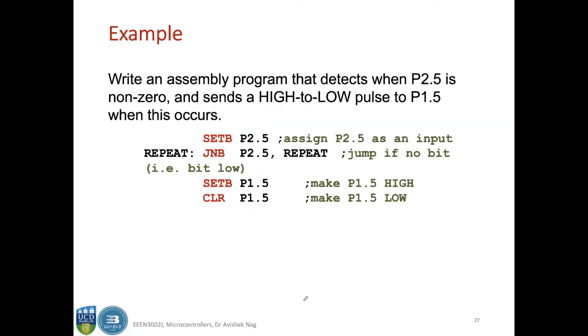You can use operations like SETB and CLR to individually access a bit in one of the ports. For example, write an assembly program that detects when port 2.5 is non-zero and sends a high to low pulse to port 1.5. So you can use this type of commands.